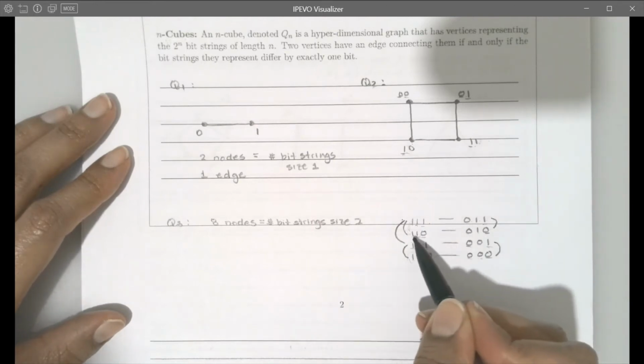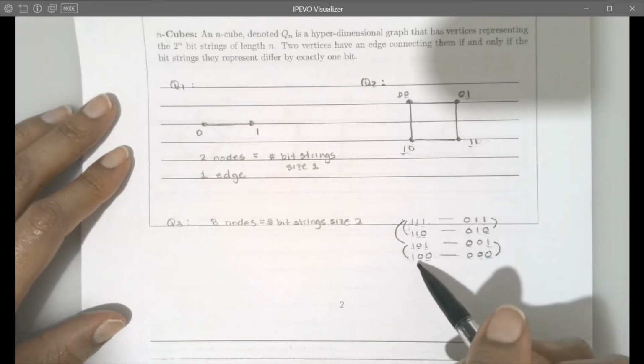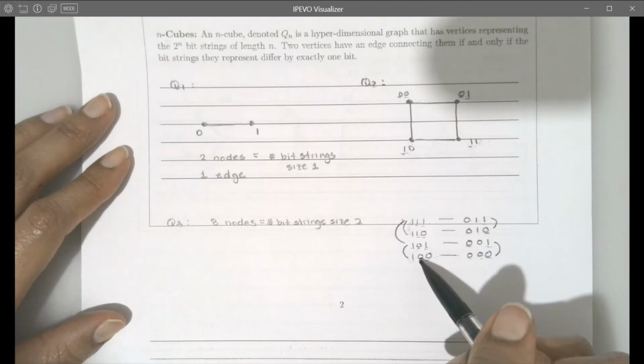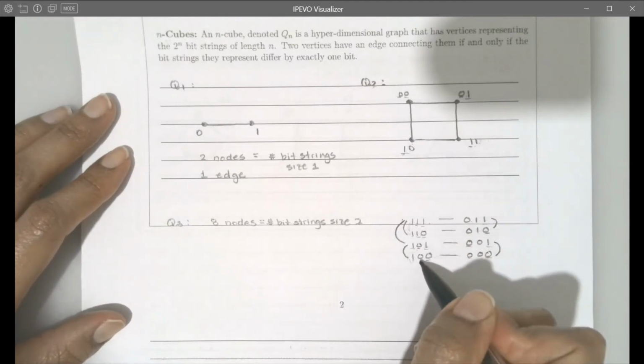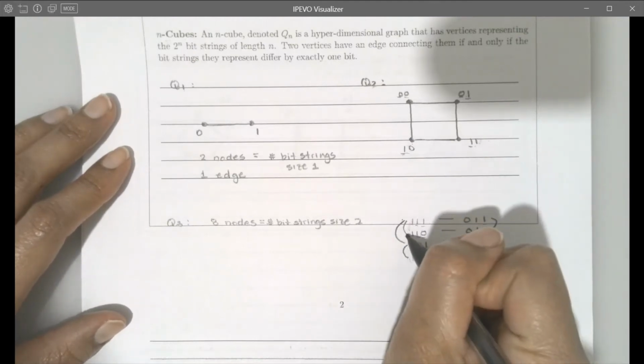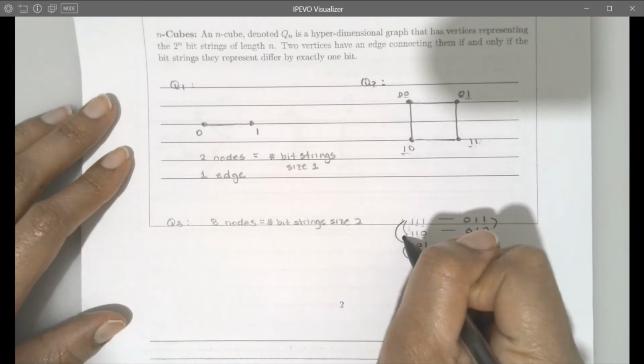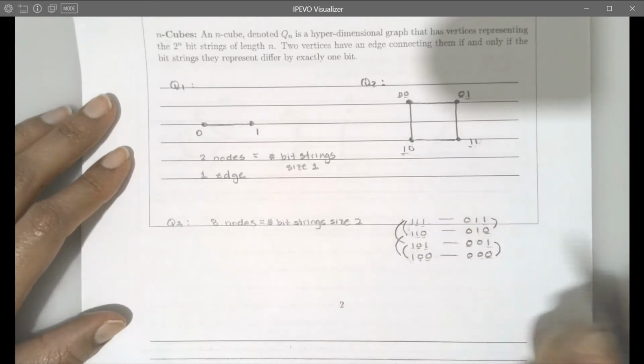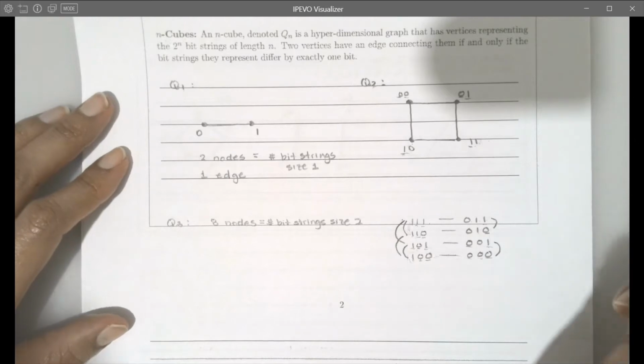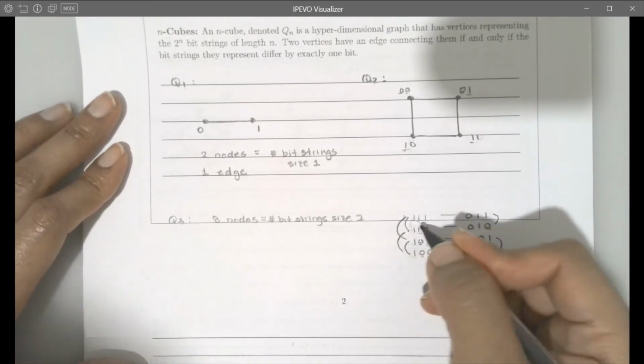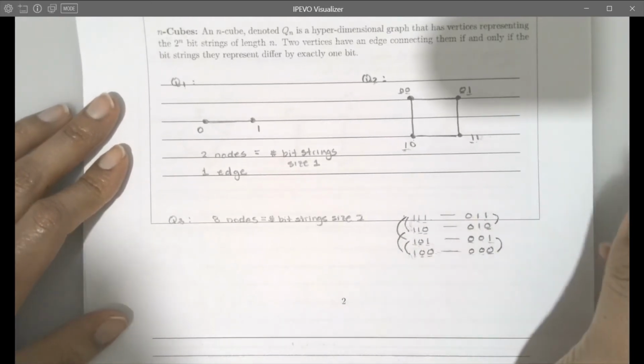And if I take a look at 110 versus 100, those are also just different in the second bit. So there would be an edge between the nodes that represent those two bit strings.